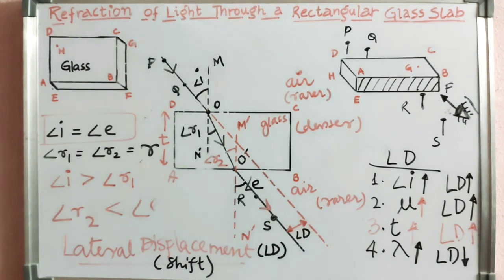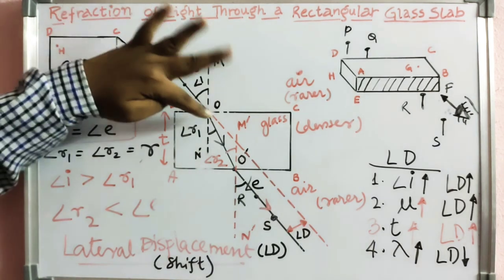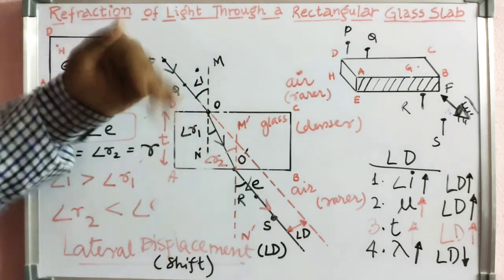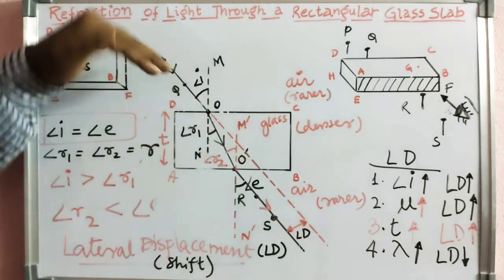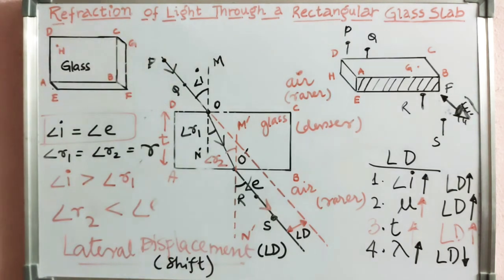Why do we use monochromatic light? Because the refraction, that is the bending of light, is different for different colors, and when refraction takes place, colors split, and that process we call dispersion. So this type of activity is generally done with monochromatic light, but you can do this. I hope the concept is clear.